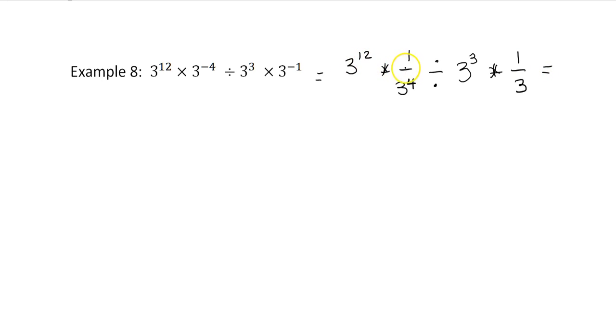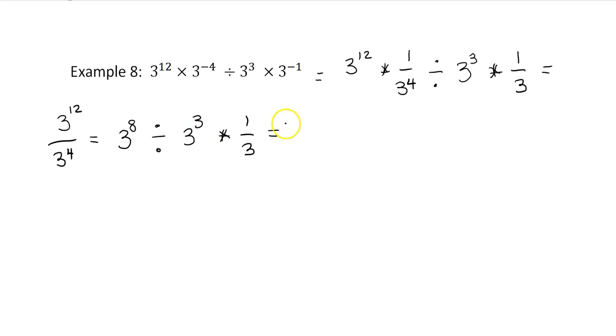All right, so here I'm going to have my 12 over 4. I say 3 to the 12th over 3 to the 4th. That's going to get me 3 to the 8th. And then this whole piece comes along, this dividing by 3 to the 3rd times 1 over 3.